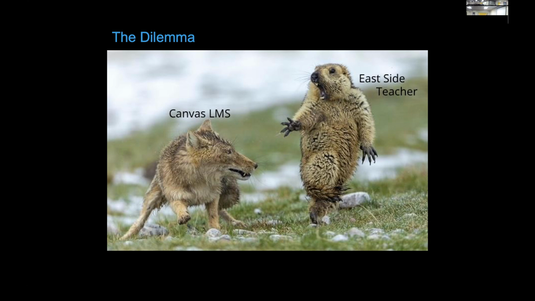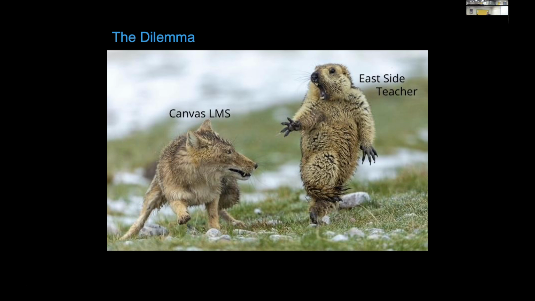And in the marmot, in some ways this looks like fear. I think fear is one of the big emotions for our teachers, but it isn't always simply fear. I think there's also simple avoidance or apathy that blocks people's uptake, not only of Canvas, but of digital tools in general.